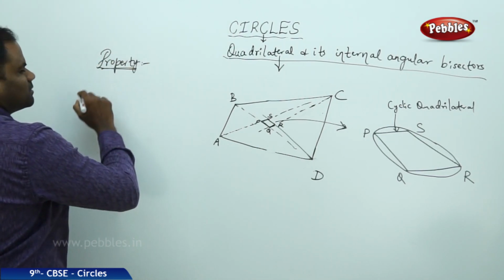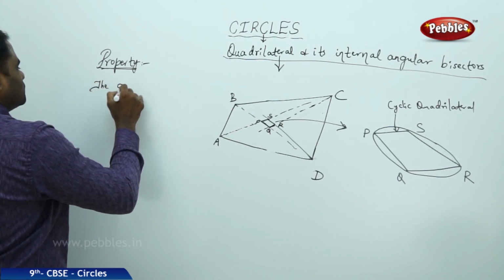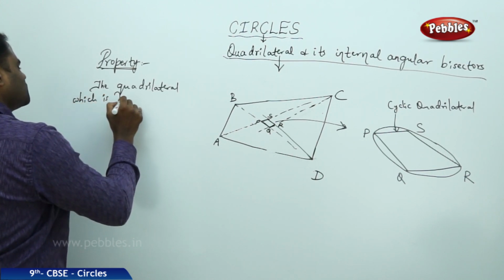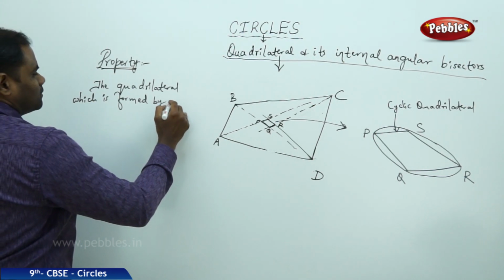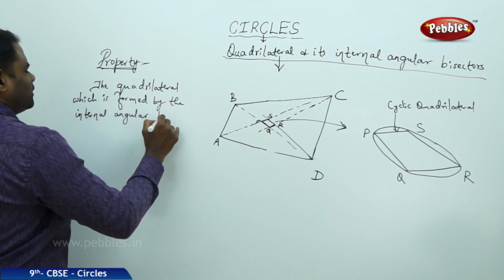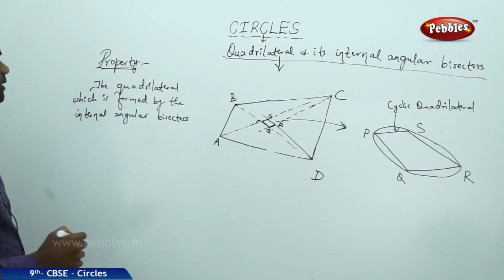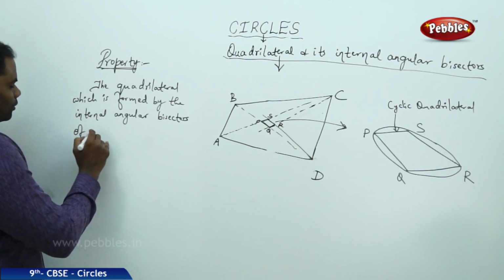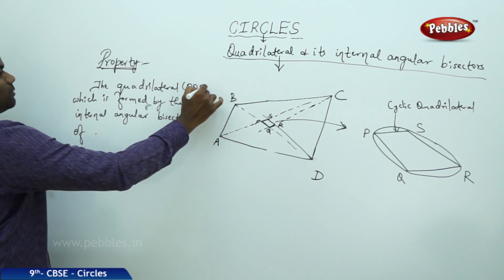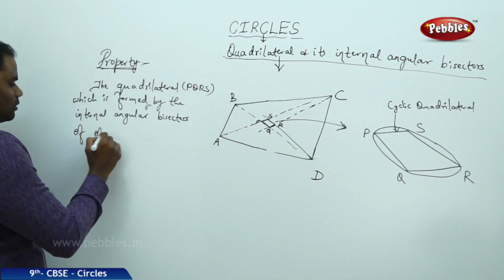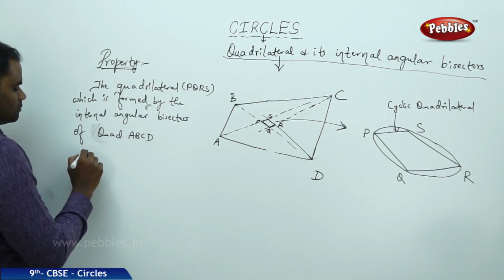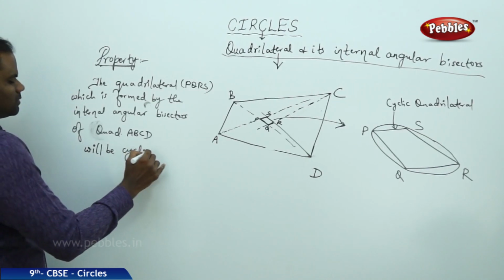The property which says the quadrilateral which is formed by the internal angular bisectors of, here it is PQRS which is formed by the internal angular bisectors of quadrilateral ABCD, will be cyclic.